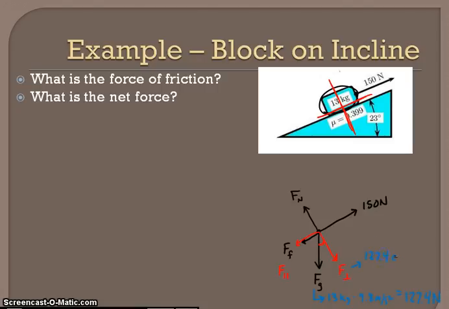Now, my force perpendicular is going to be the cosine part of that, so it's going to be 127.4 times the cosine of 23. So in other words, it is 117.3 newtons. And my force parallel is the sine portion of that.